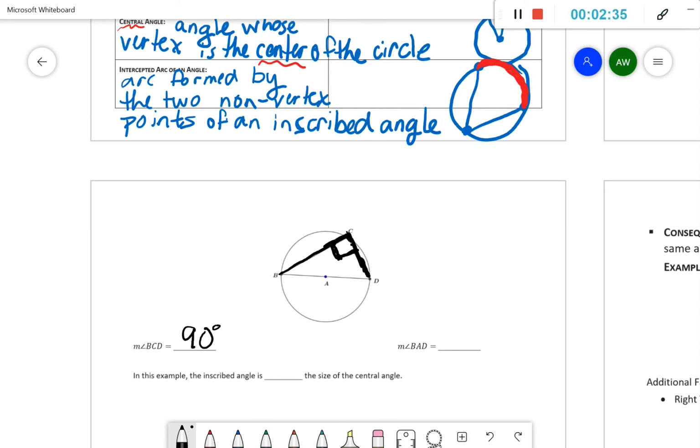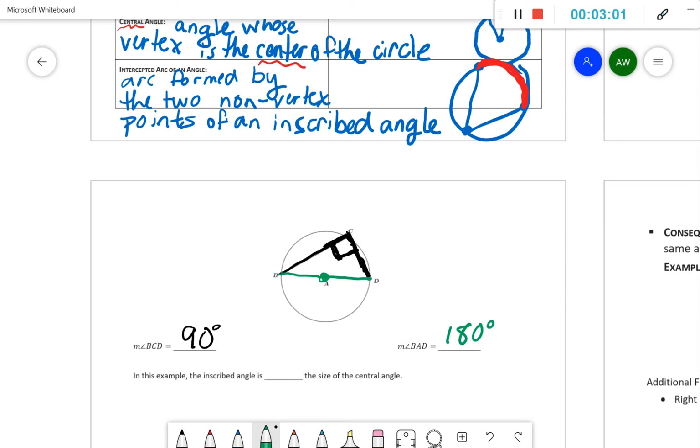Now, the second angle that they're asking us about is the central angle, angle BAD. Remember, we call this a central angle because it includes the center of the circle, which in this case is point A. So angle BAD is actually a straight angle, and we know that straight angles, lines, are 180 degrees.